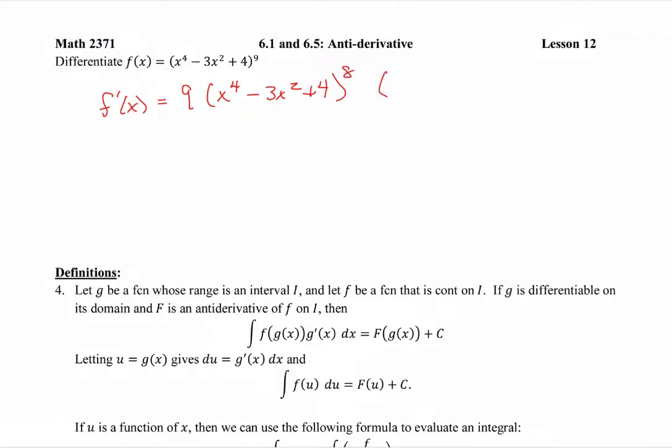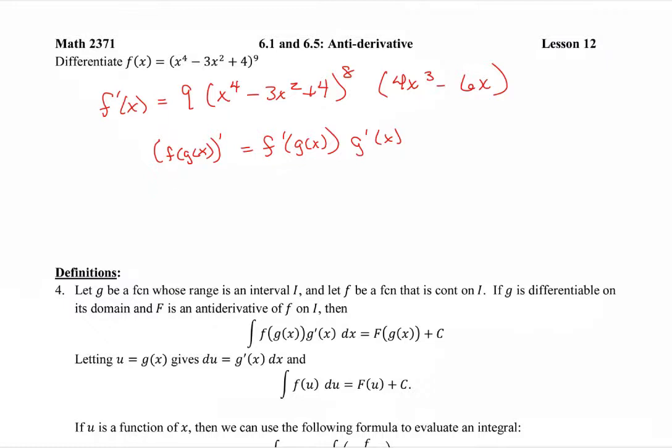Now we differentiate the inside, so that's 4x cubed minus 6x. So if we have f of g of x, prime, then that is f prime of g times g prime of x.